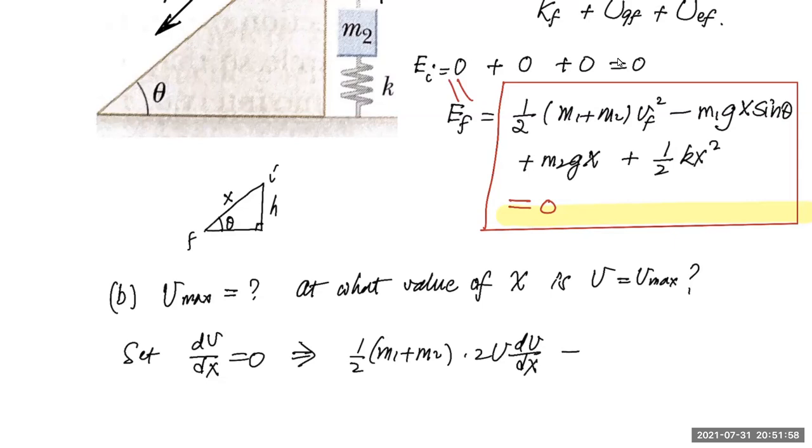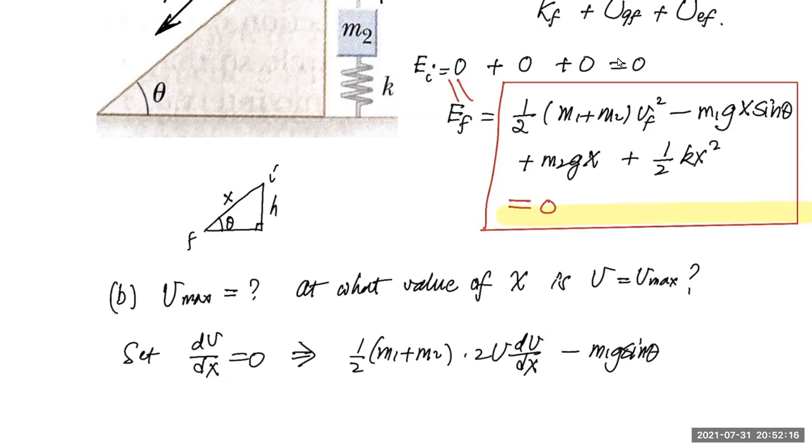The next term is negative m1 g sine theta, these are all constants, times dx over dx, which is just 1, so we might as well erase that.